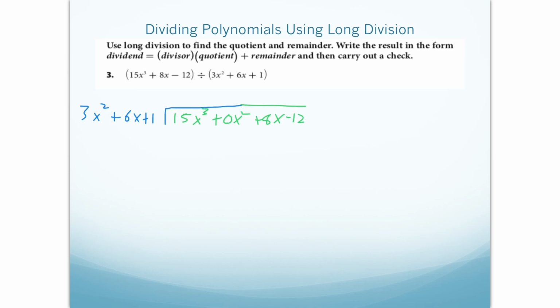We're going to go through the same process. We're going to take the first term, 15x to the third, divide it by 3x squared. And that's 5x. And we're going to multiply it by the factor that we're factoring out.